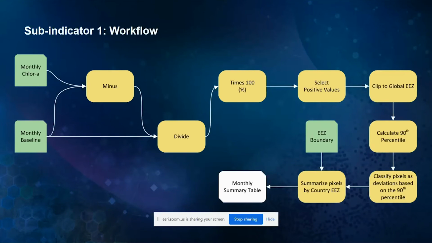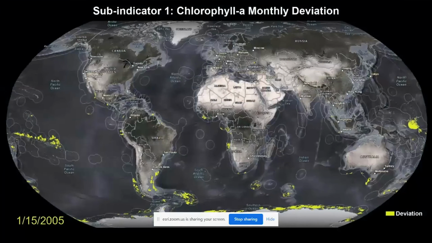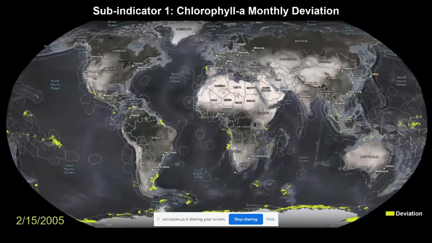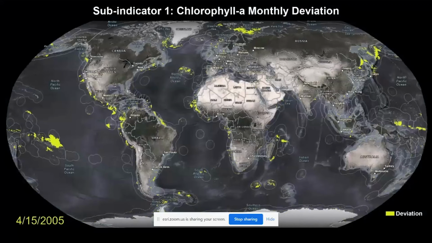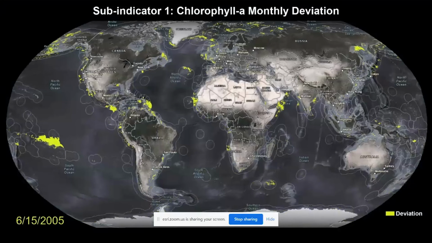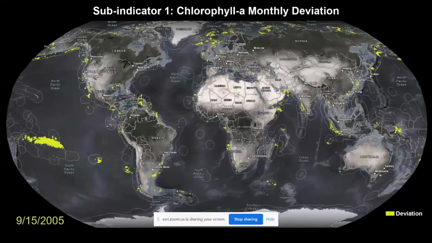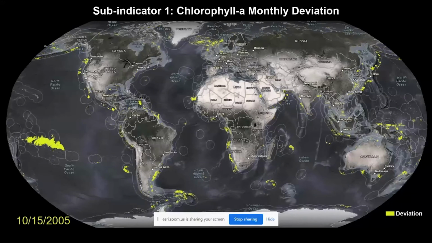This monthly summary table has also been used to calculate the yearly average, which is then reported to the SDG global database. Next slide, please. The map shows the sub-indicator on a monthly deviation, how it's changed from month to month. You can see it's all based on the EEZ for countries. Next slide, please.